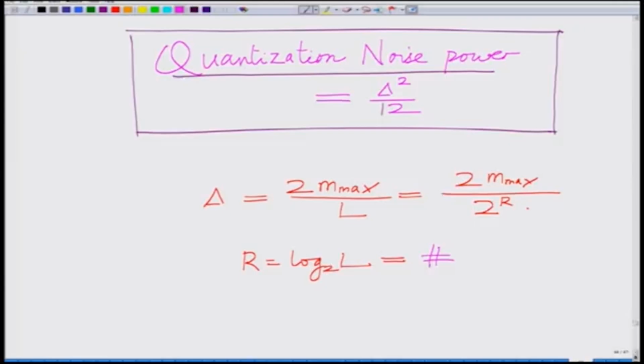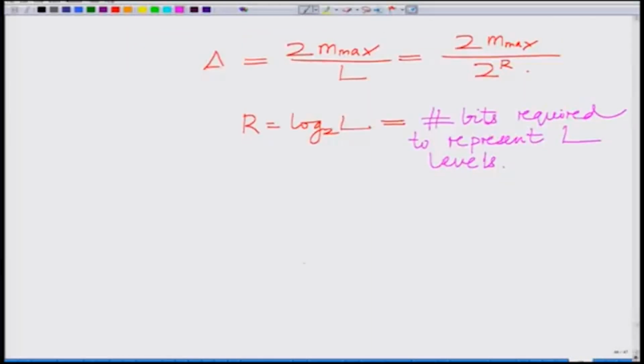So if we have L levels, we need log L to the base 2, that is r bits, the number of bits required to represent the L levels.